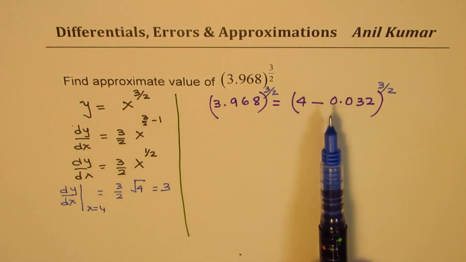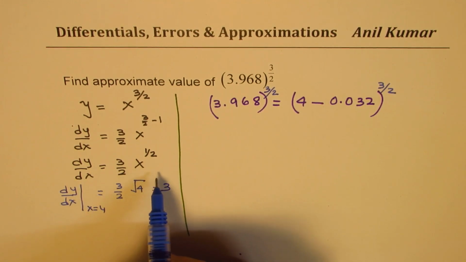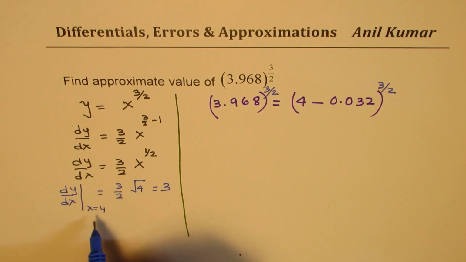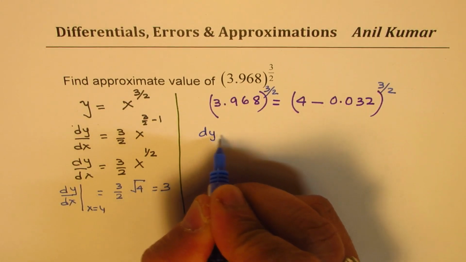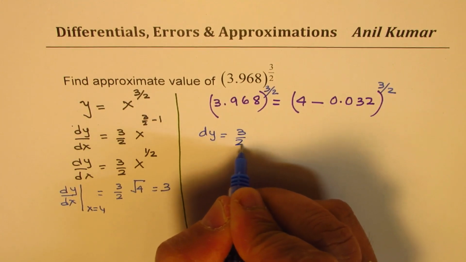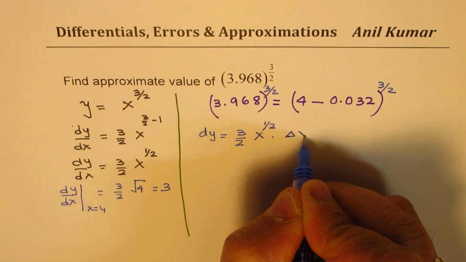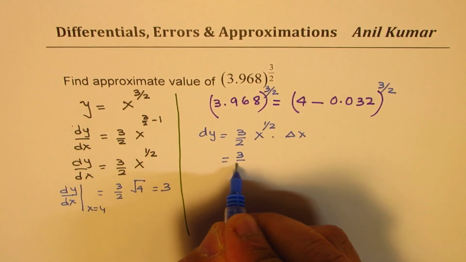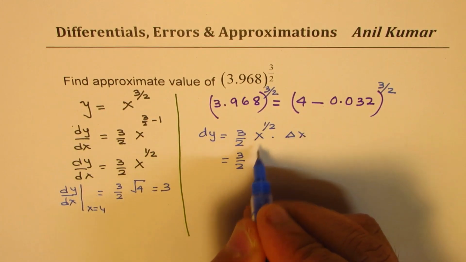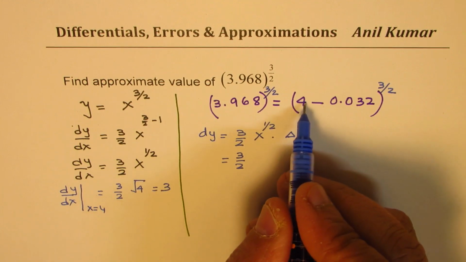Now we need to approximate for this, right? Now from the derivative itself, we have got the rate of change. We can write dy is equal to 3/2 x to the power of half times change in x, correct? So I could have substituted here also. Let me substitute again now. 3/2, x is equal to 4 for us, right?